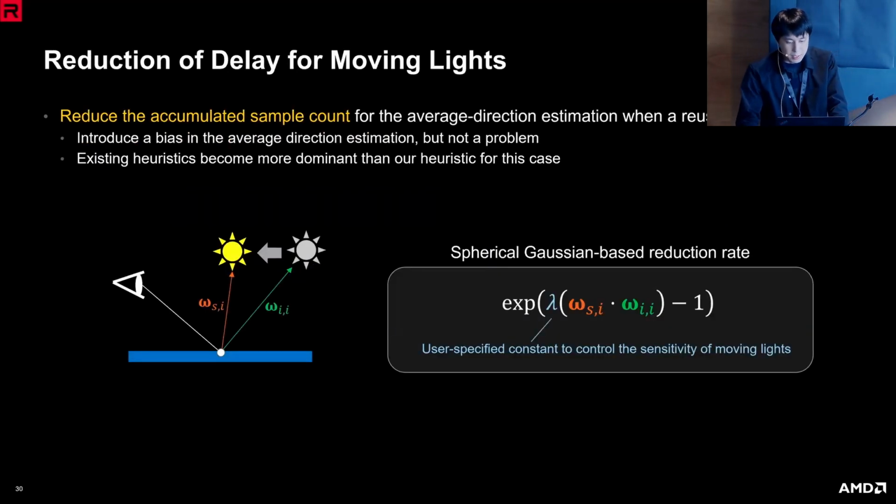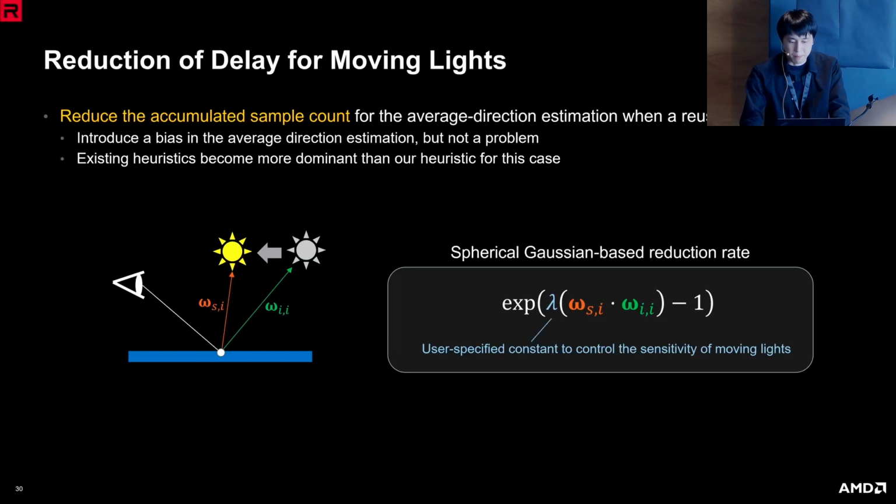To reduce the delay for animated shadows, we reject rapidly moving lights from temporal reuse for the average direction estimation. This is done by reducing the accumulated sample count when a reused sample light direction changes significantly.